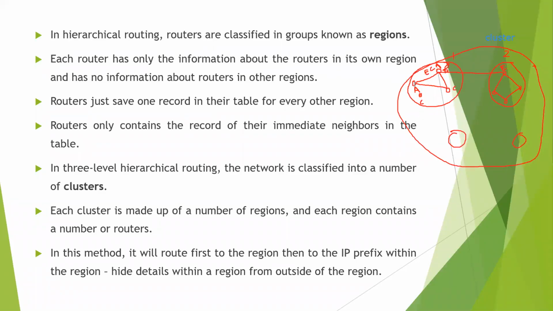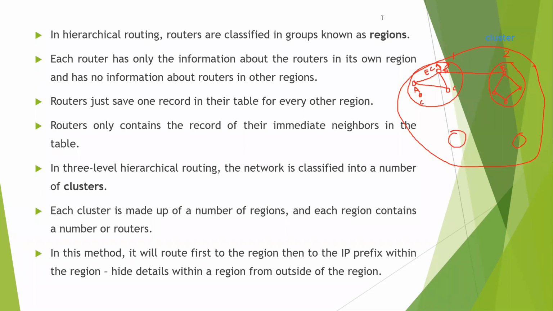If A is sending data to E, first it will go to B, then B to E. When it reaches here, it will check the IP prefix. If it is not meant for E, it will forward it within its region.